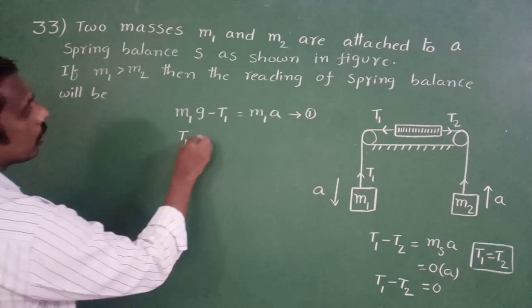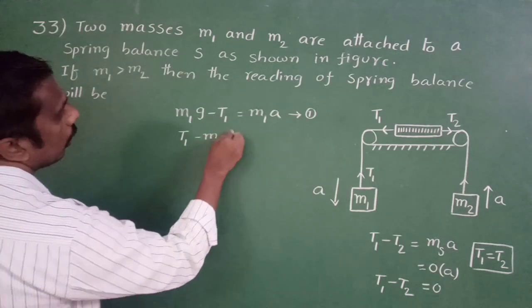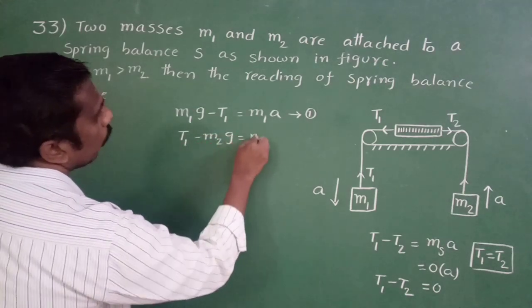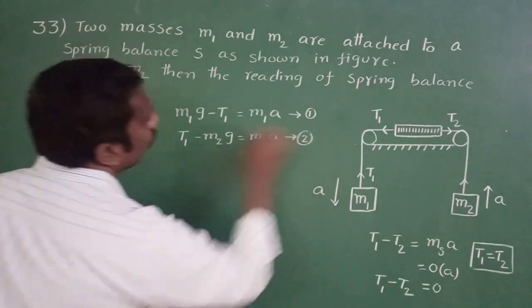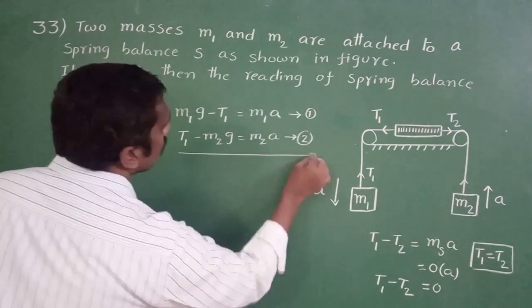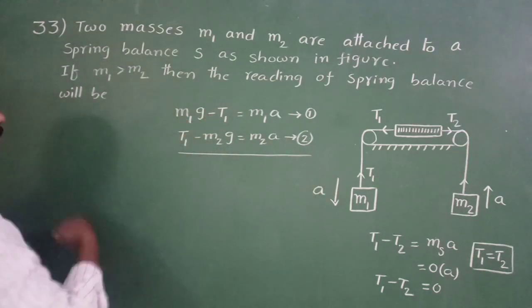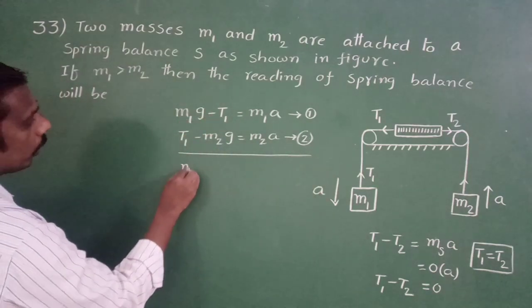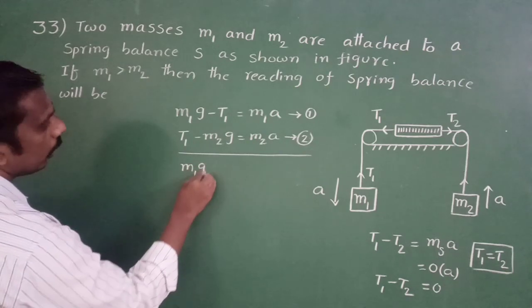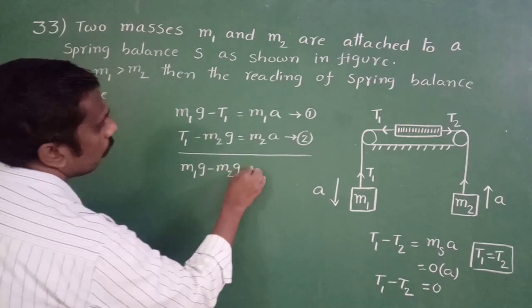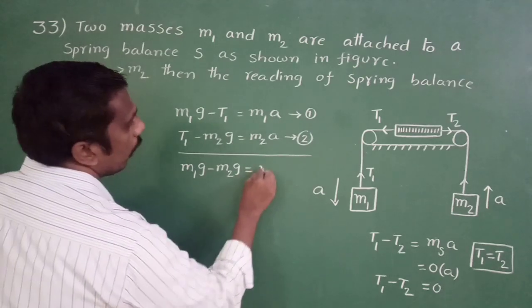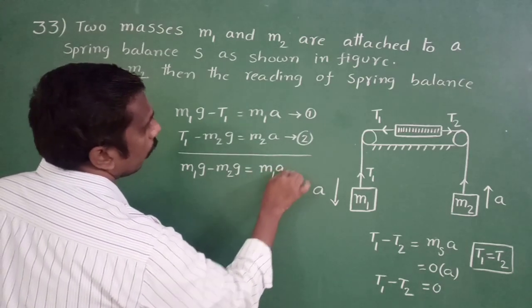T1 minus m2g is equal to m2 into a. Say this is equation number 2. Add these two equations. Minus T plus T get cancelled. We get m1g minus m2g is equal to m1a plus m2a.